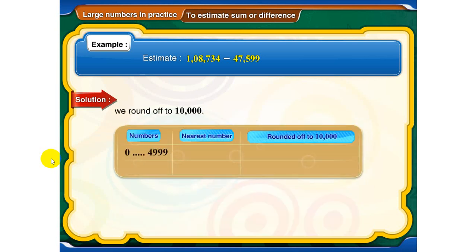The numbers 0 to 4,999 are rounded off to 0 because all these numbers are closer to 0 than to 10,000. Similarly, the numbers 5,000 to 9,999 are rounded off to 10,000 because all these numbers are closer to 10,000 than they are to 0.